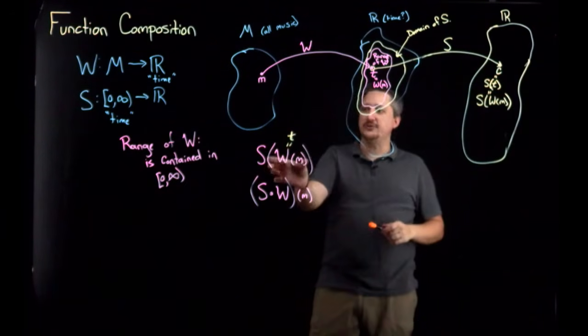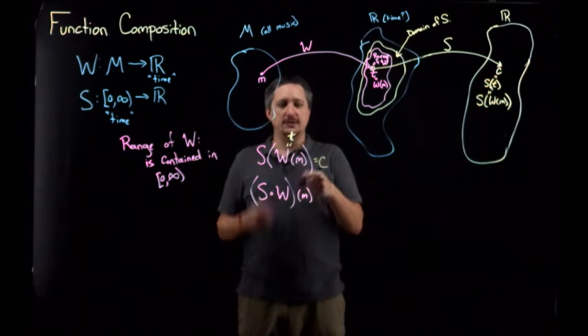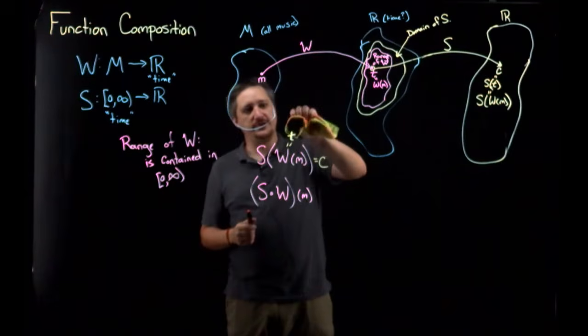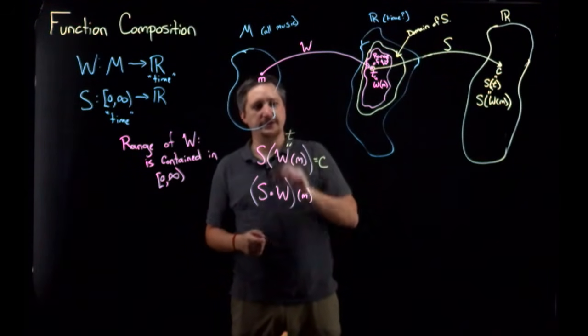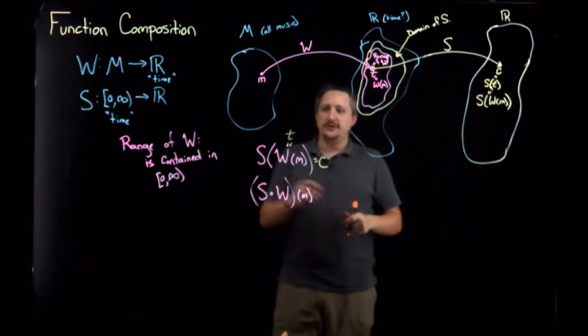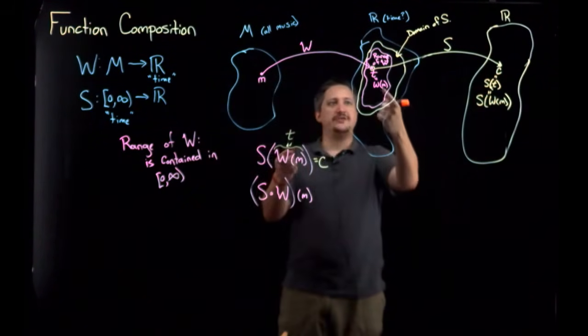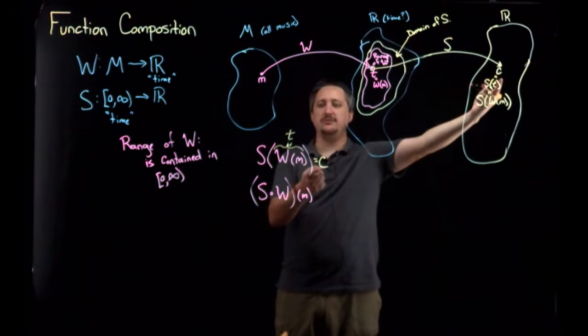So that's really what this notation is saying: this thing equals c, because this middle piece is t. So this middle piece here, all of this, was t, and then I applied s to that t to get to the c.